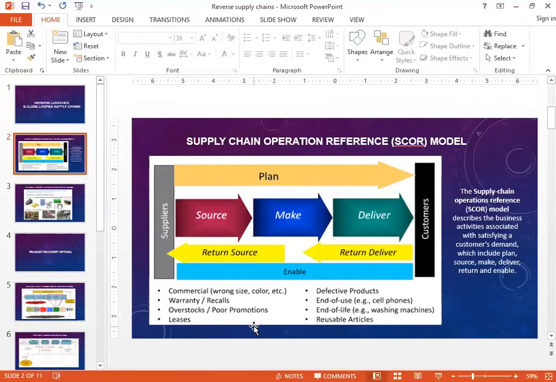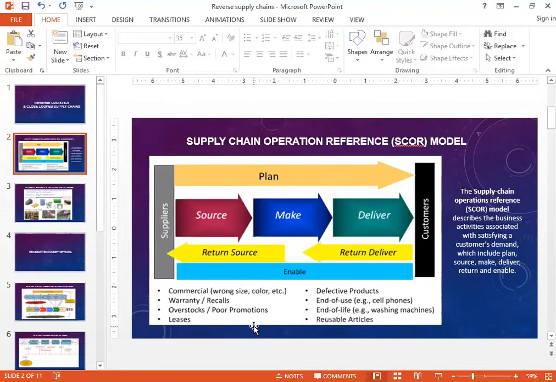And sometimes they're reusable articles. A customer feels that they've used an article and they no longer need it. And so they just send it back to the original company, saying, okay, we used it for a certain period of time while we needed it, we no longer need it. And so they can send it back to the supplier.